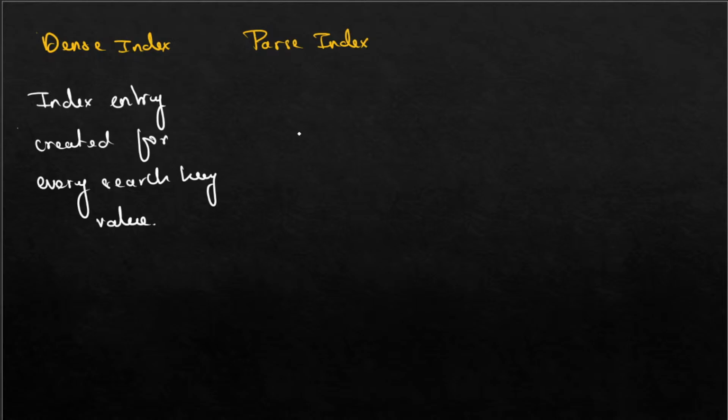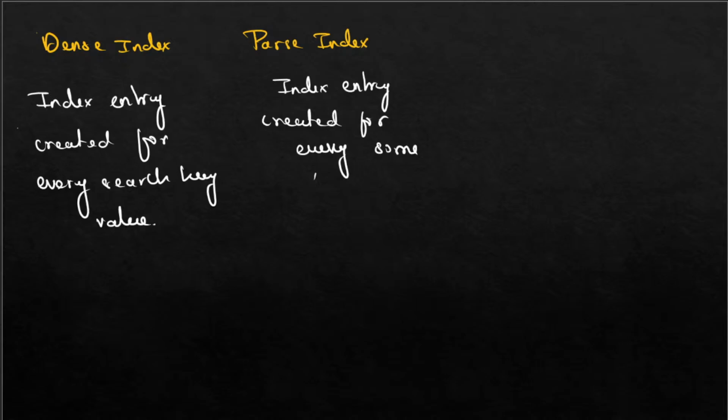Okay, and here in sparse, an index entry is created for only some search key values. It's not every, for some search key values. Okay, not every, for some.